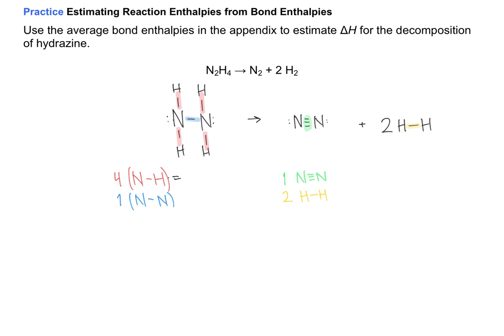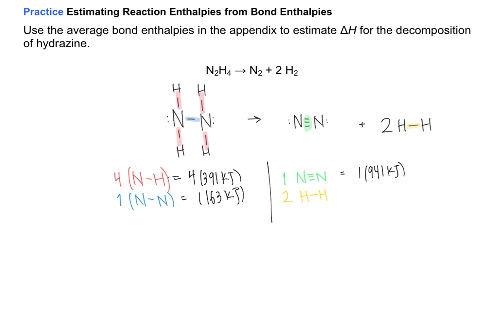All right, so then we can calculate all of these, find the numbers from the textbook, from the table. We have 4 of these times 391 kilojoules, and 1 of these, which is 163 kilojoules. So there's our broken. Then we have our nitrogen-nitrogen triple bond, there's 1 of them, times 941 kilojoules.